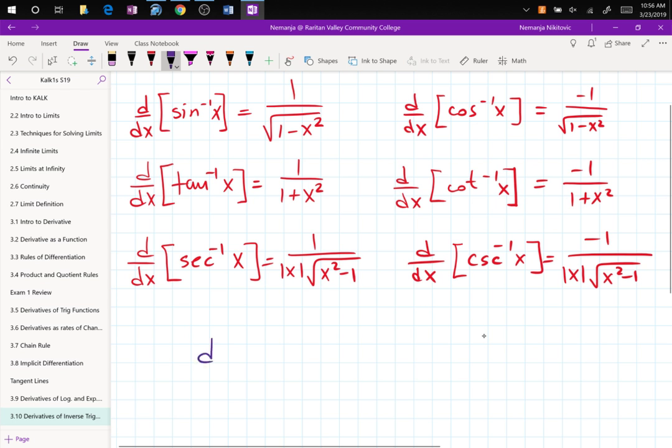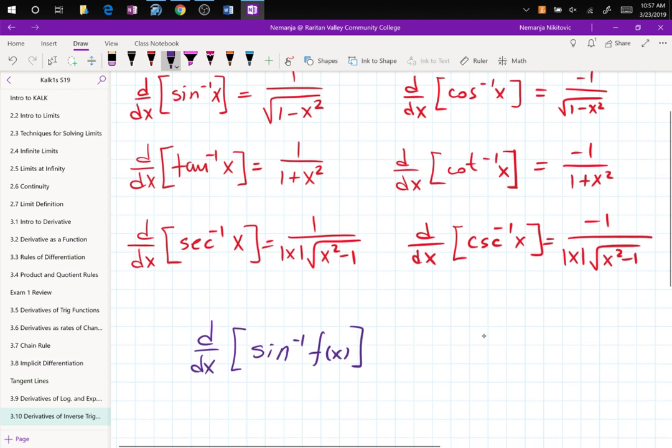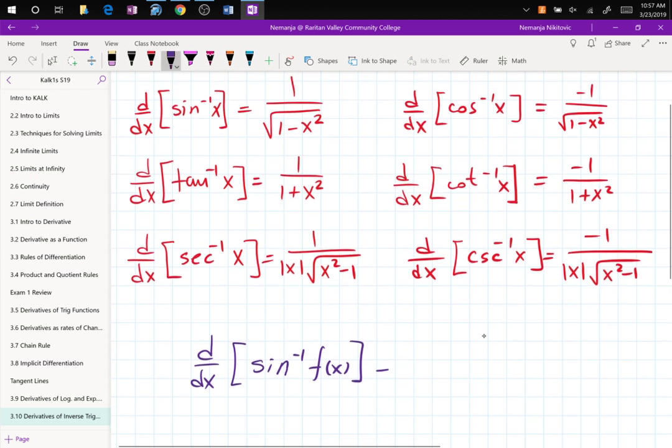So the formula for inverse sine would change into this: f prime of x divided by square root of 1 minus f squared of x.